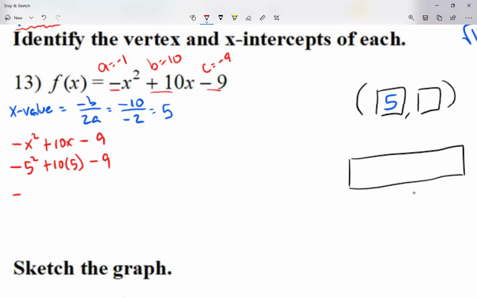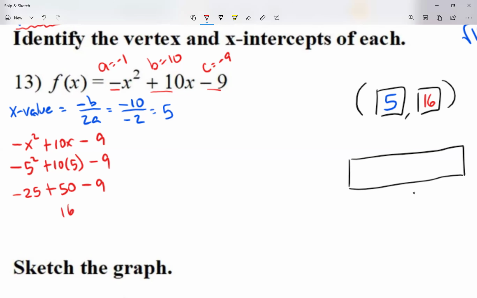Basically, I have -25 plus 50 minus 9. Well, 25 plus 50 is 75, and 75 minus 9 is 66. Hmm, let me see, -25 plus 50 is 25, and 25 minus 9 is 16. So that's my y value. Good, I have my vertex, 5, +16.